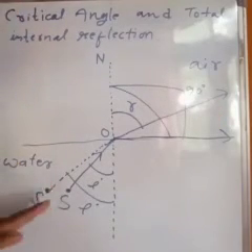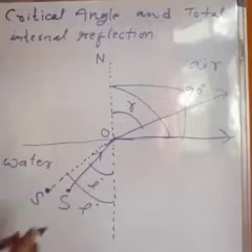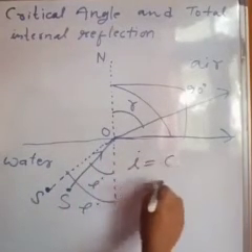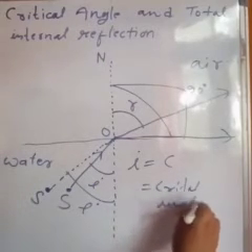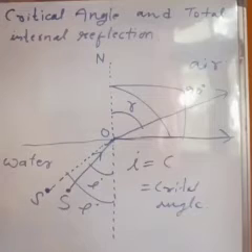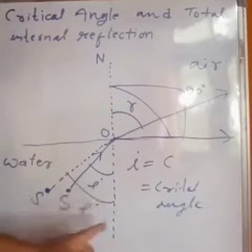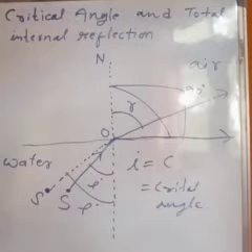Then the angle of incidence is called C, the critical angle. When the refraction of light becomes 90 degrees with respect to the normal, then the angle of incidence is called the critical angle.